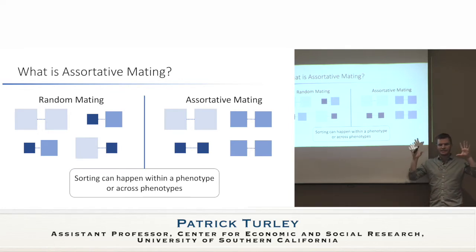You should think of it more as a descriptive statistic. In our heads we often have a causal model of people making conscious decisions that are leading to the sorting that can create problems. But ultimately, it's just about correlations between spouses. And there's lots of ways these correlations can arise. We'll talk about that later in the lecture.